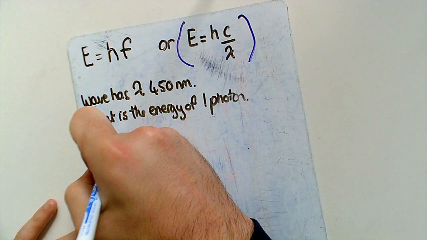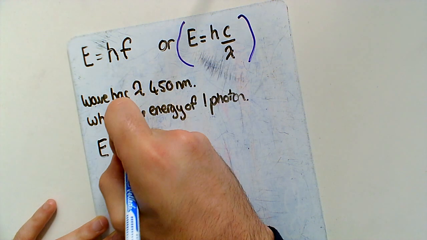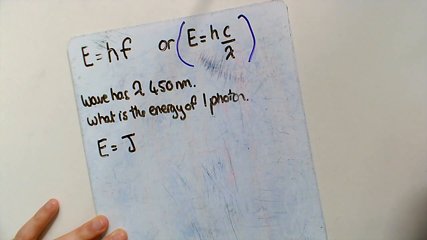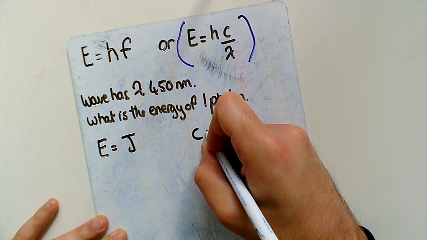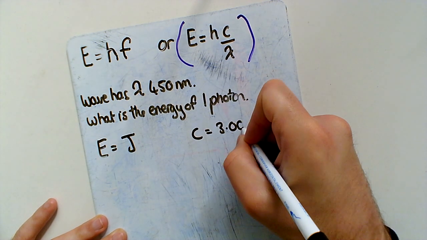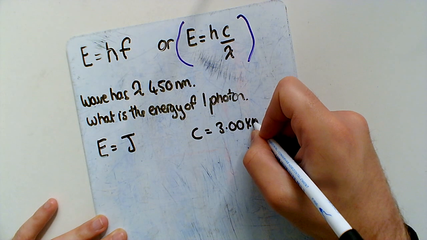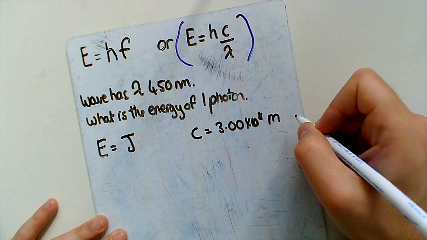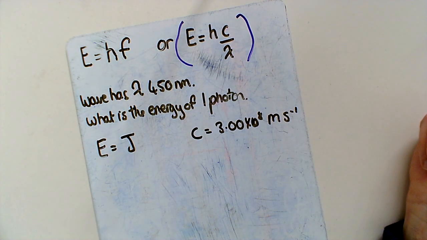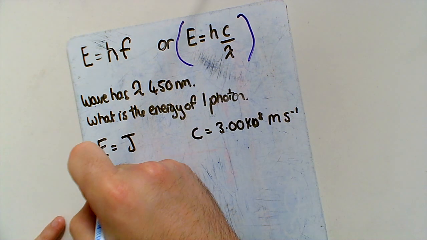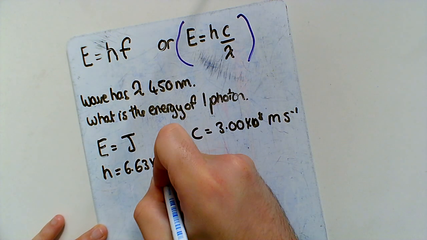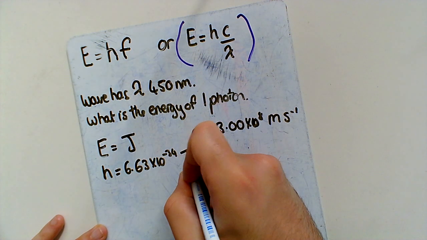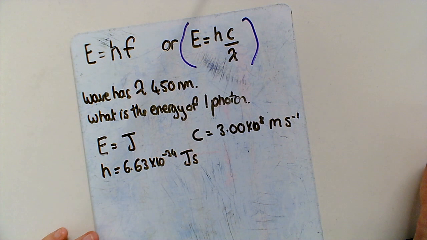So energy, the units are joules or kilojoules. c is 3.00 times 10 to the 8 meters per second. Okay, so we've got meters. h is 6.63 times 10 to the minus 34 joule seconds.